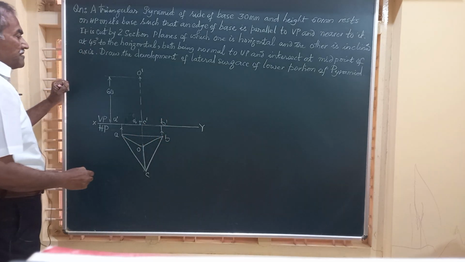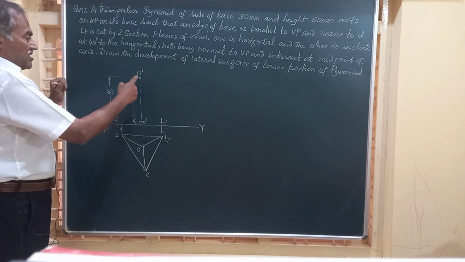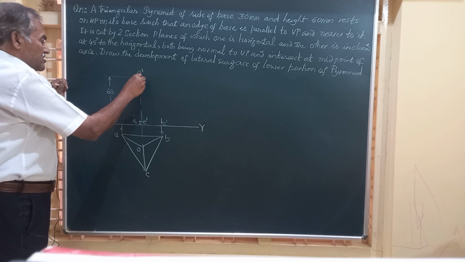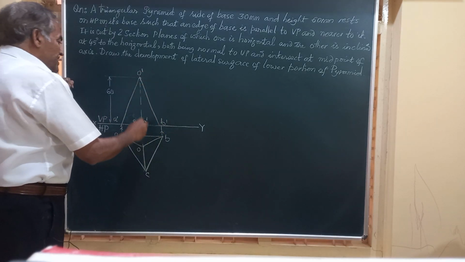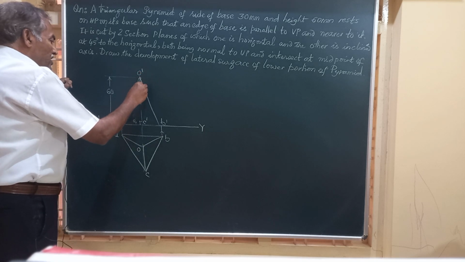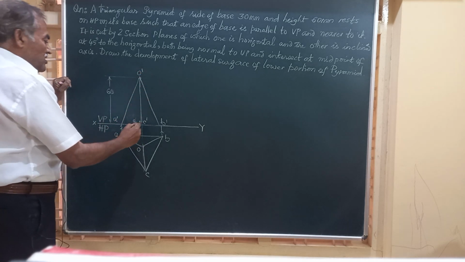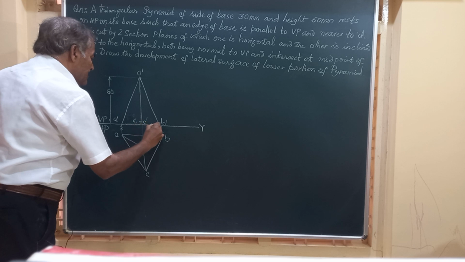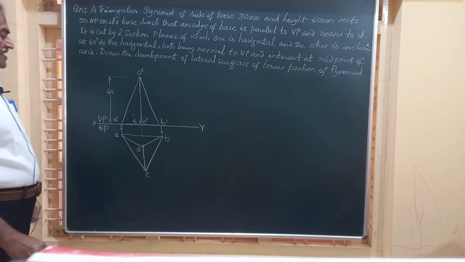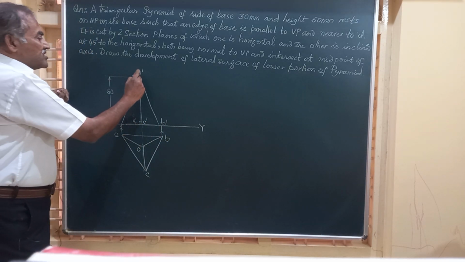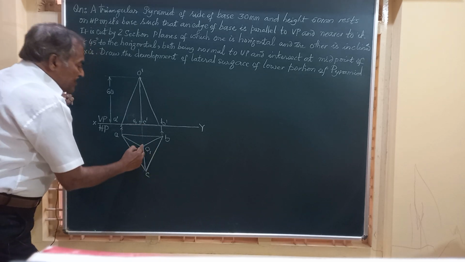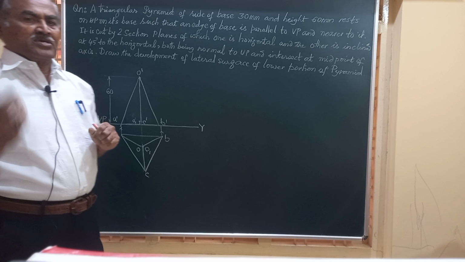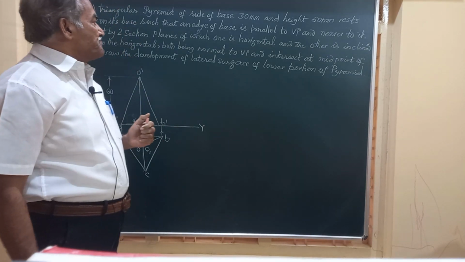We will join the vertex to all these corners, O dash to A dash, O dash to B dash, and O dash to C dash. So the base is A dash, B dash, C dash, the vertex is O dash, and here we will show O1. This point represents the axis in the top view.